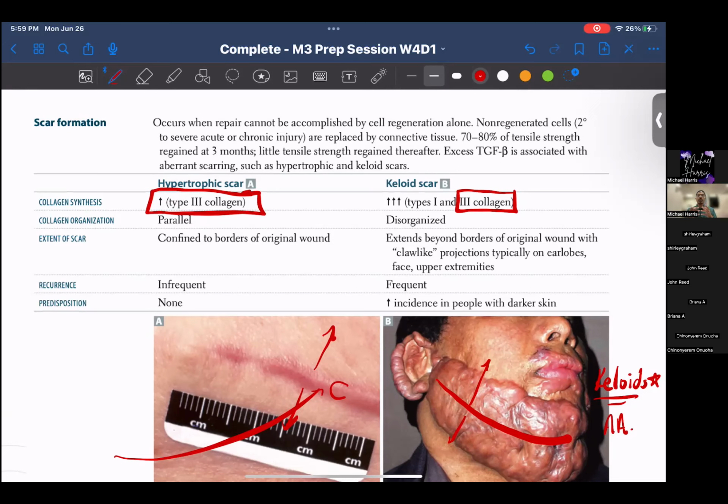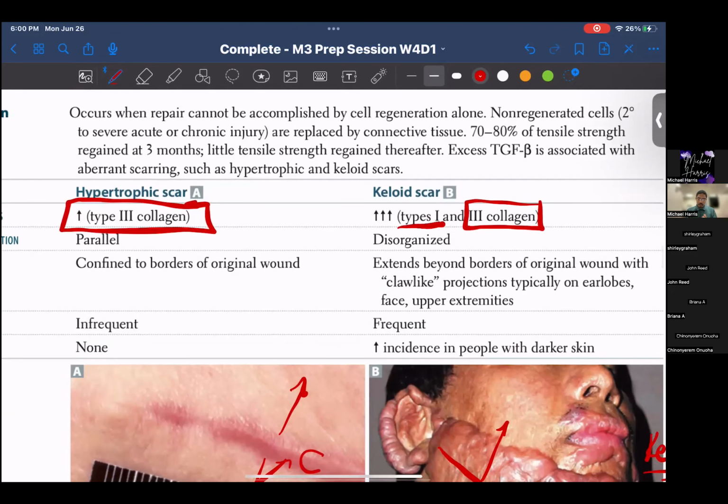It's also an issue with the breakdown of that collagen. So as a result, you also have some presentations of type 1 collagen and type 3 collagen, because instead of being able to fully break it down and have only type 1, you're not able to fully break down all the type 3 collagen.